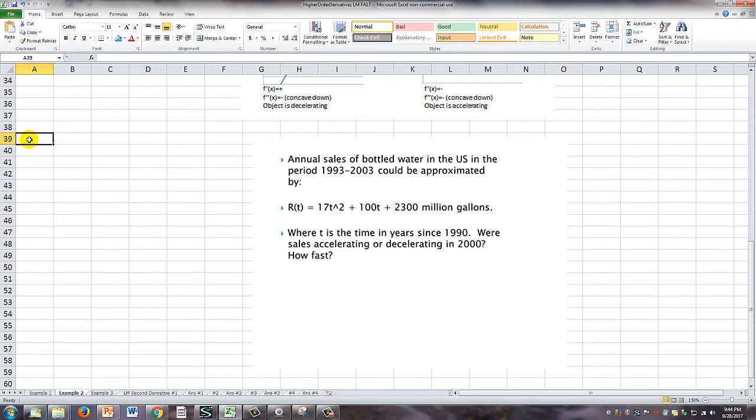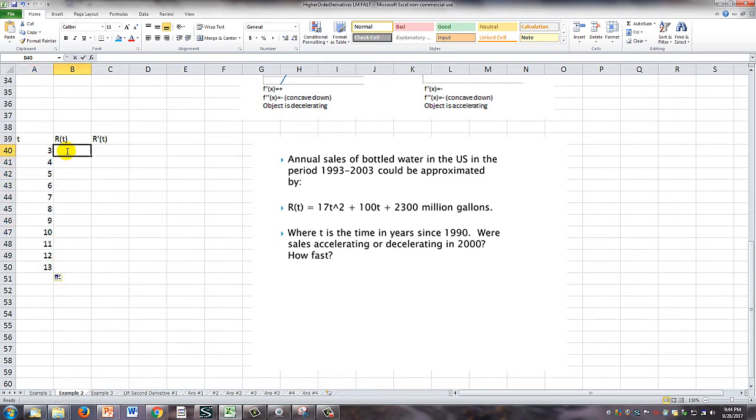So this is a polynomial, so I really don't recommend it, but I'm going to take the derivative right here in Excel, but really you should write it down on a piece of paper. Okay, so t is time in years since 1990, so the domain is 93 to 2003, so that'd be 3 to 13.